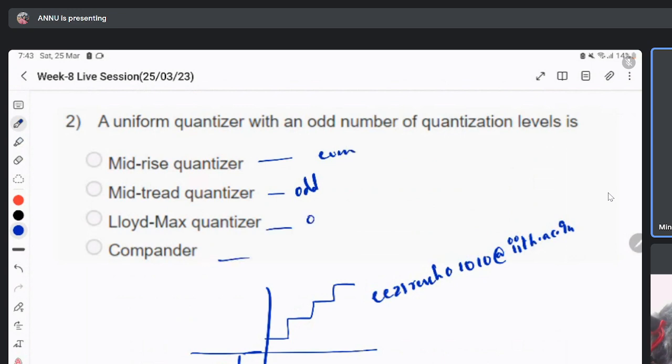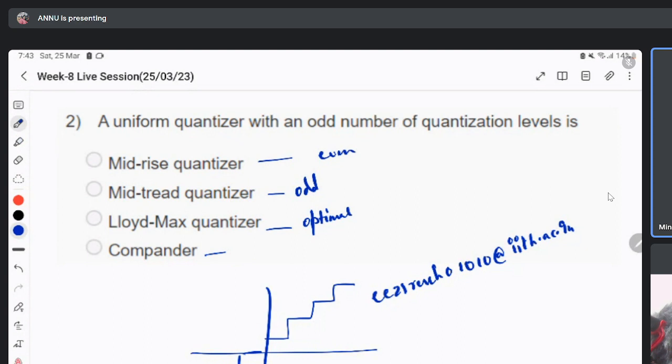For the optimal quantization and compander, where is the compander used? The upper two are for uniform quantization, and the last two are for non-uniform quantization.